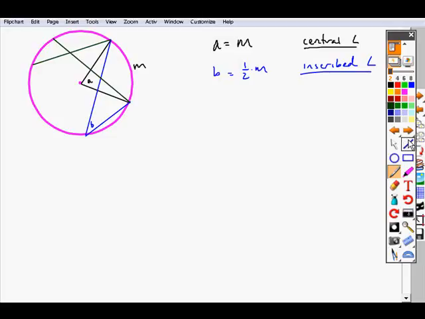So if I look at this set where I have this intercepted arc of M, but I also have another intercepted arc. So again, here's one intercepted arc, but I also have this second one. Let's say I call this N, and let's say I call this angle on the inside here C.